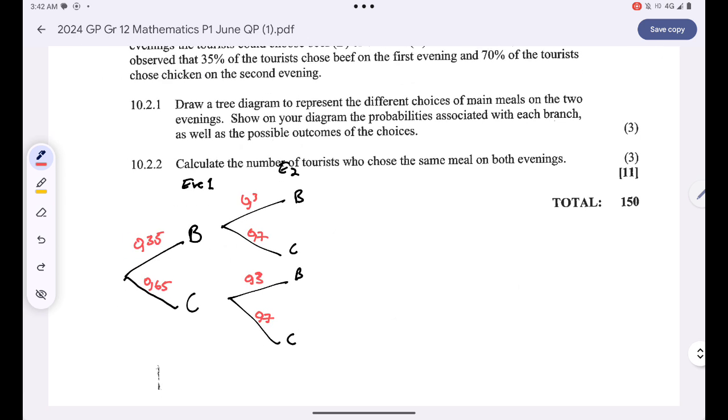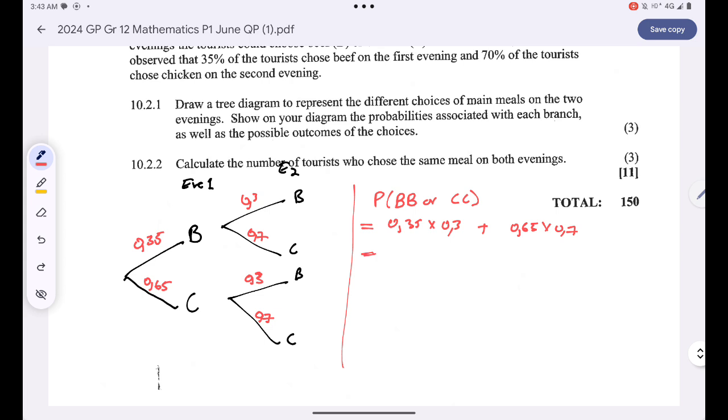The probability is either the tourist chose beef twice or the tourist chose chicken twice. So this probability is equal to 0.35 multiplied by 0.3 plus 0.65 multiplied by 0.7.